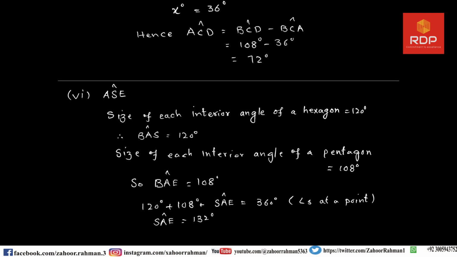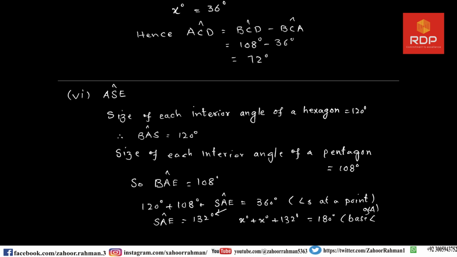So x degree plus x degree plus 132 degree, which we found here, will be equal to 180, because it is a triangle, base angles of triangle.